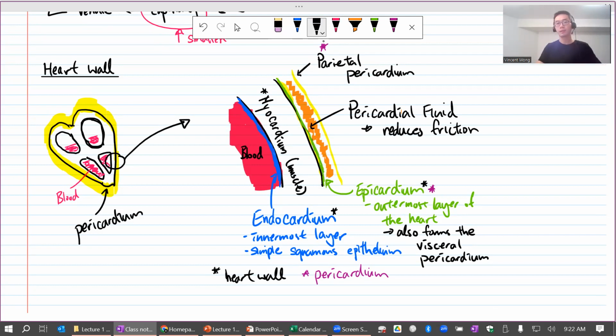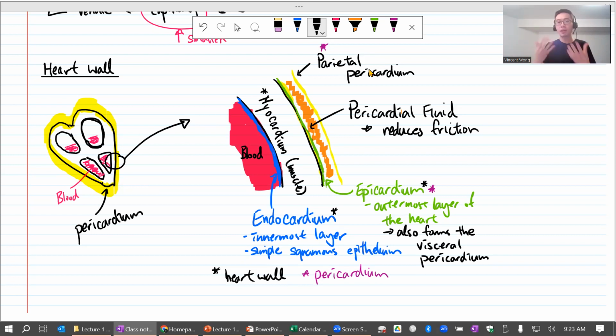Professor, can you explain again parietal and pericardium? What is parietal and the relation between parietal and pericardium? Okay, so the pericardium has two layers, the outer layer and the inner layer. The outer, we call it parietal. The inner layer, we call it visceral.